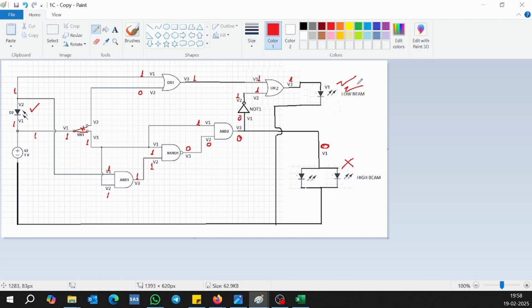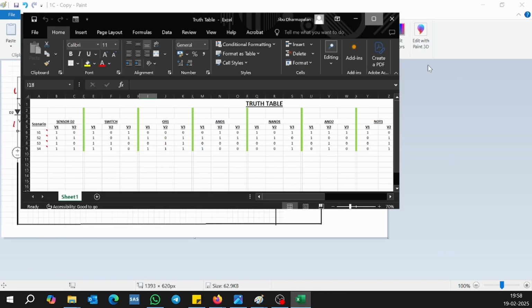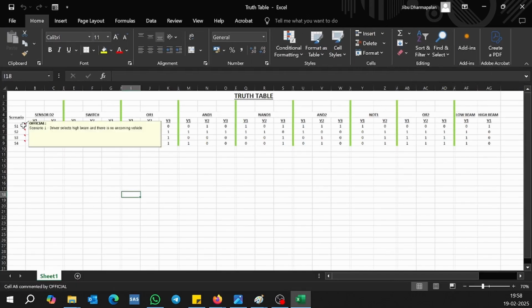So your circuit is functioning, and this is the logic for the operation of your light sensing mechanism. I will send the truth table; there are 4 scenarios that we have to consider. Scenario 1 is when the driver selects high beam and there is no oncoming vehicle.